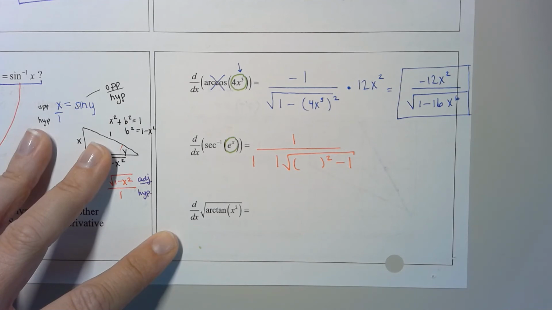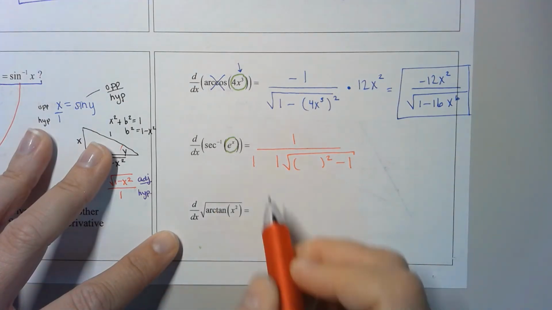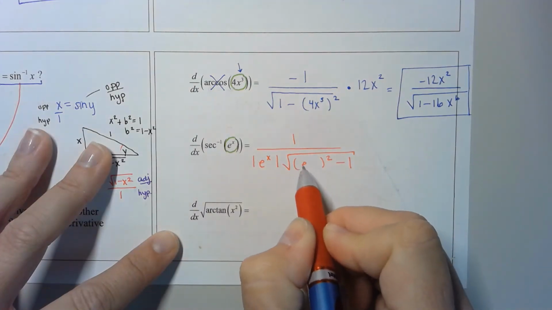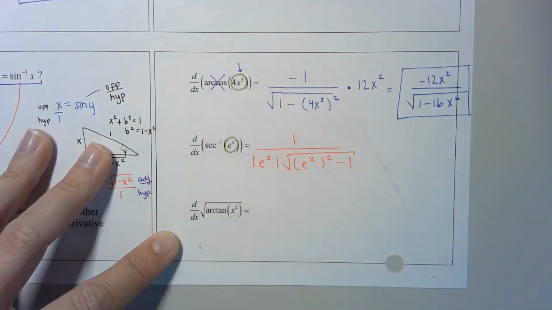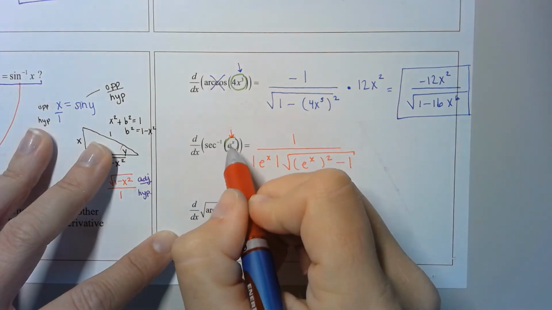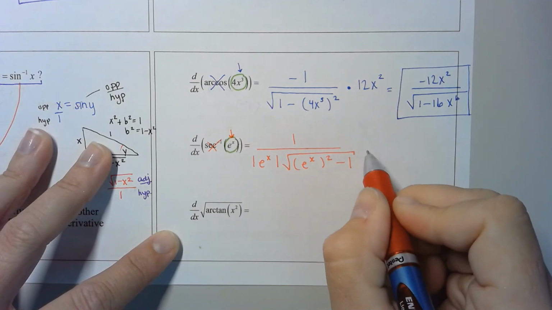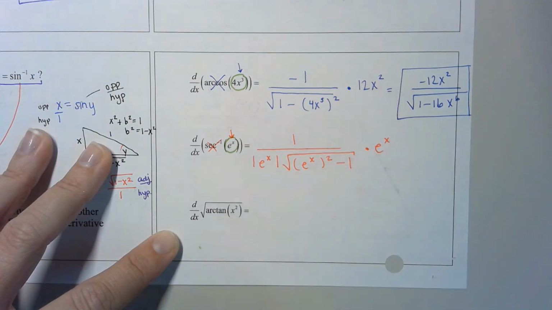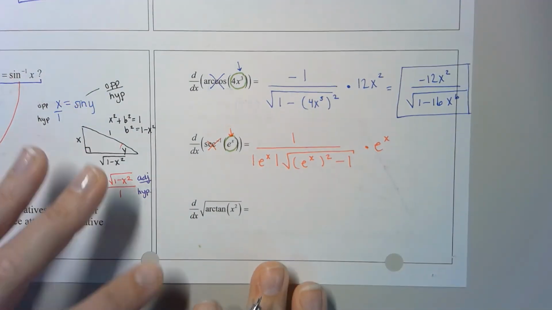The chain rule says we're going to leave the inside alone. Well, I had the inside twice in here, didn't I? So I'm going to put my e to the x in both places. Chain rule says multiply by the derivative of e to the x, which is, oh, that's e to the x.